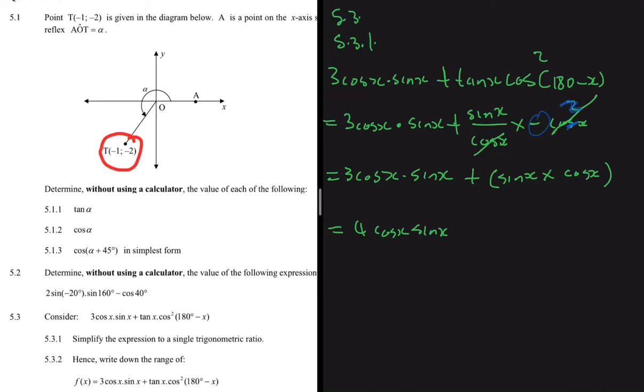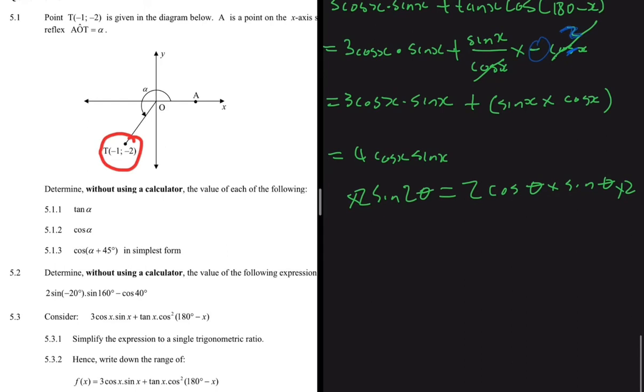So we know fully well that sine of 2 theta is equal to 2 cos theta multiplied by sine of theta. If you multiply both sides by 2, you get 2 sine of 2 theta is equal to 4 cos of theta multiplied by sine of theta.